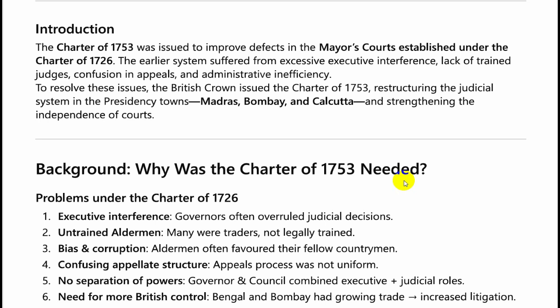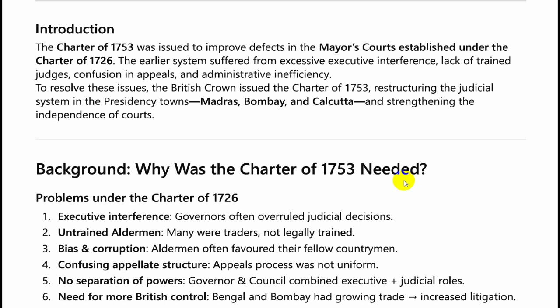There was a lot of executive interference from the governor and council in the functioning of the mayor's courts. The mayor's courts didn't have trained judges. There was an appellate system introduced, but there was a lot of confusion because there was conflict of jurisdiction.